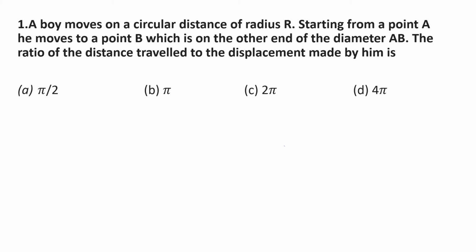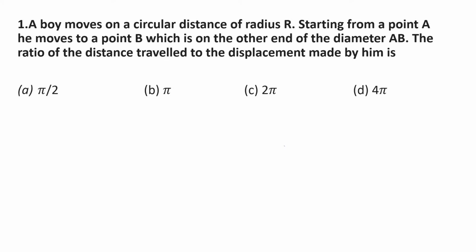So in this question you have to find the ratio of distance travelled to the displacement. Here the boy moves on a circular path of radius r. The boy starts from point A and moves to point B. The distance from A to B makes the diameter.